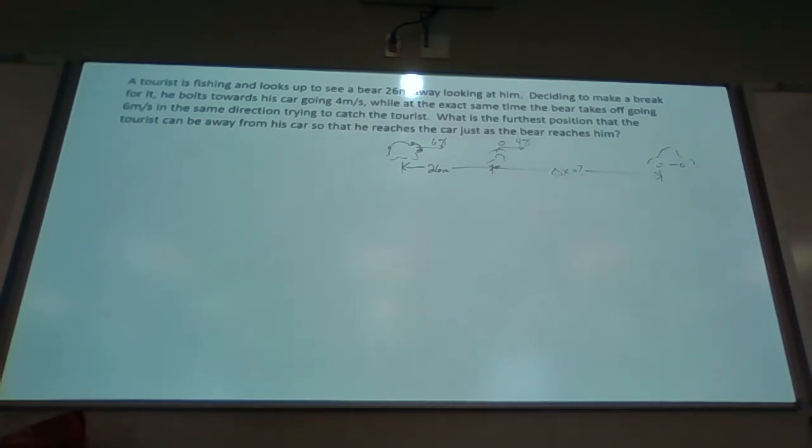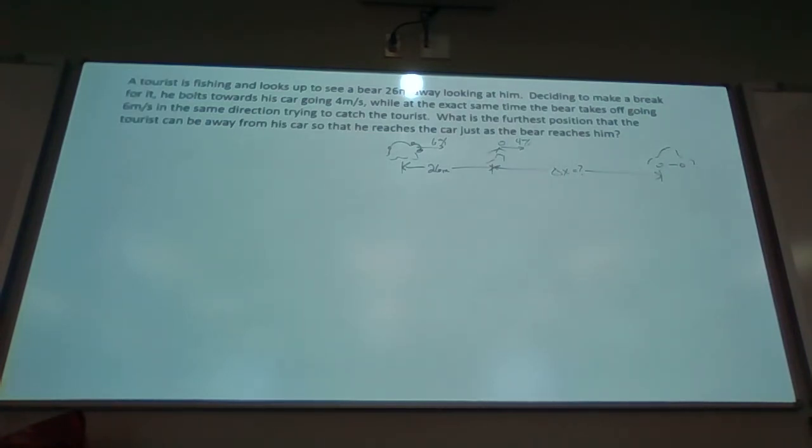If you have more than one thing moving, or if you have one thing moving in two different ways, anytime you have a separate motion, that needs to be captured by its own set of variables and equation. Okay, so how many things do we have moving here? Two.